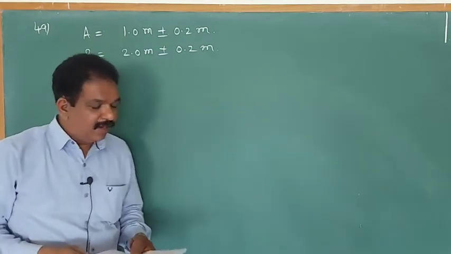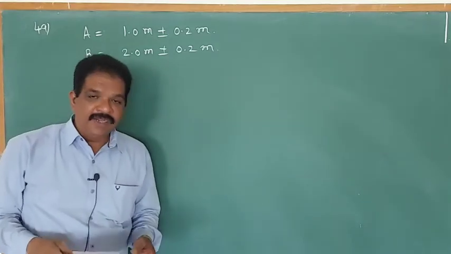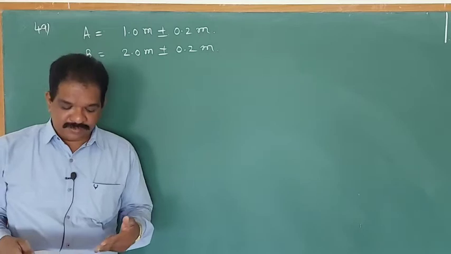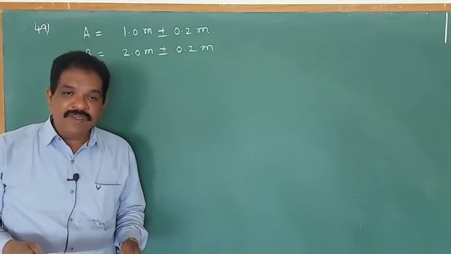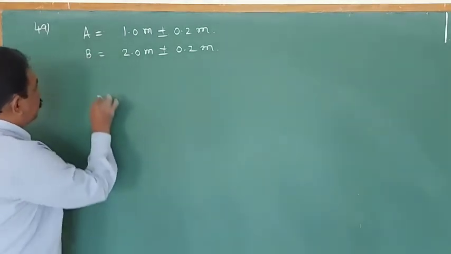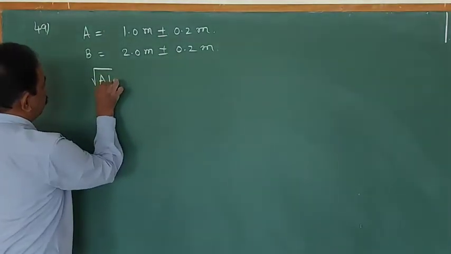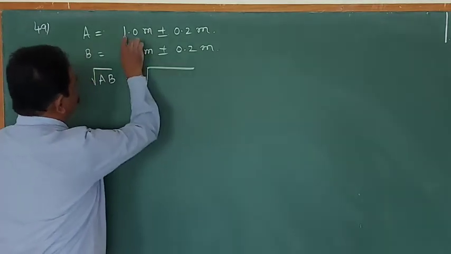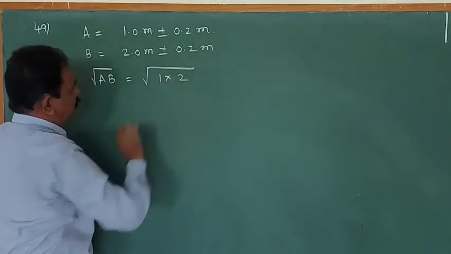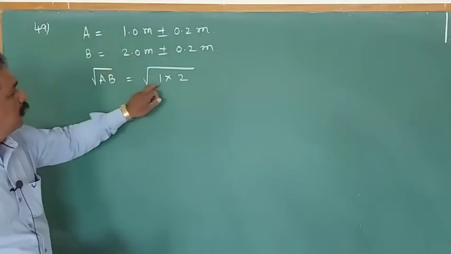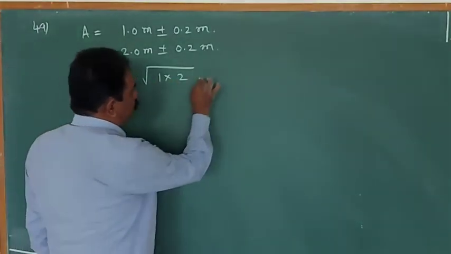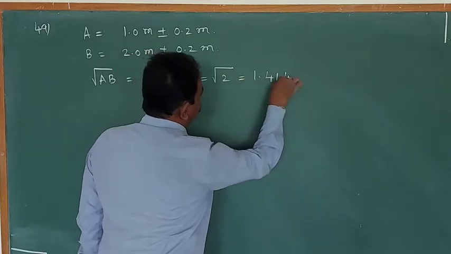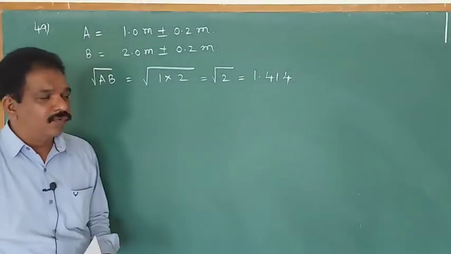Root AB value is how much? They are asking to write according to significant figures. Root AB: A value how much? 1. B value how much? 2. 1 into 2 will be root 2. We know root 2 value will be 1.414.